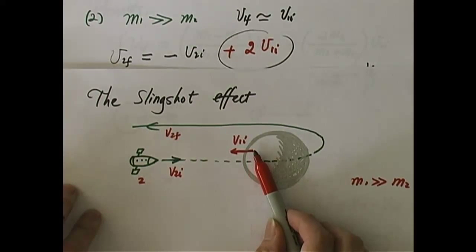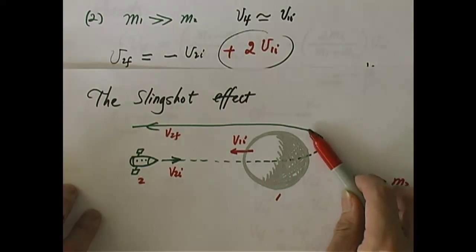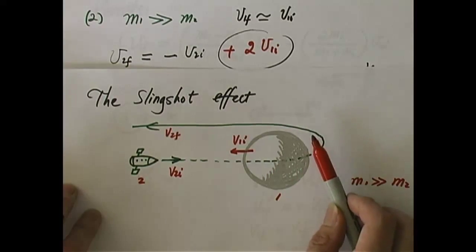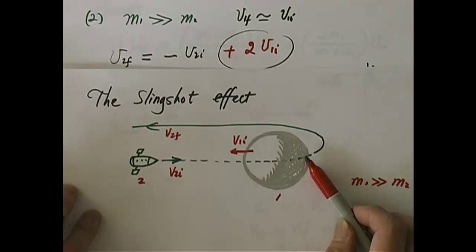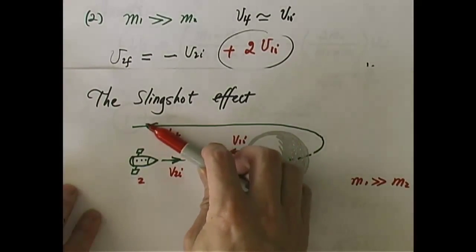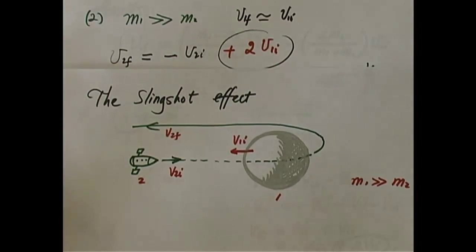Okay, otherwise it's useless. If the planet is approaching you, you can take a slingshot around that planet. In doing so, not only can you explore this planet somewhat by taking some photos, but the other benefit is that you gain twice the speed of that planet approaching you. So you can go a lot faster on your way to another planet you want to explore. That is the clever use of the slingshot.